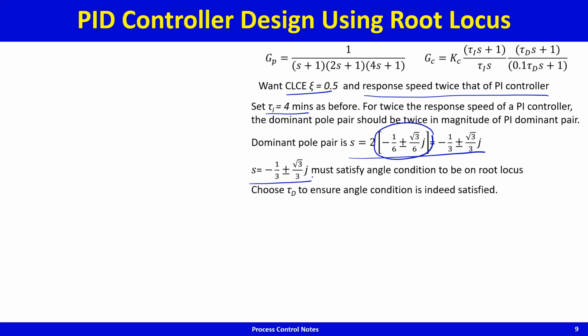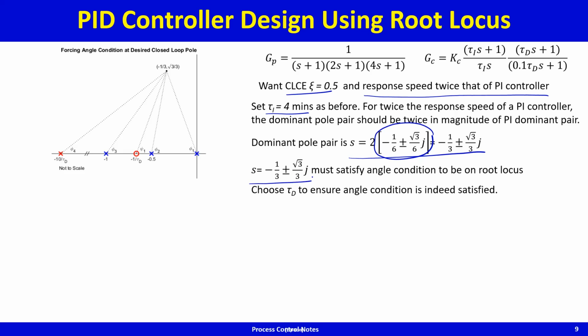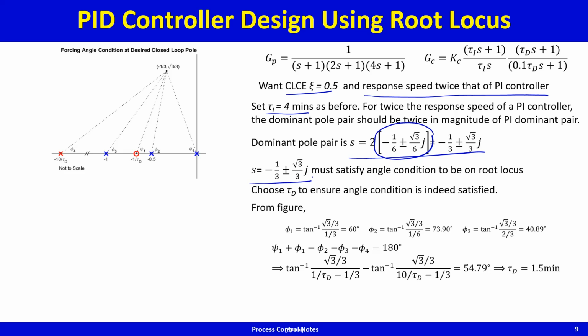So S equal to minus 1 by 3 plus minus square root 3 by 3j must satisfy the angle condition to be on the root locus. From that angle condition you get this equation, which implies tau d is equal to 1.5 minutes, and Kc turns out to be 2.7 by invoking the magnitude condition.